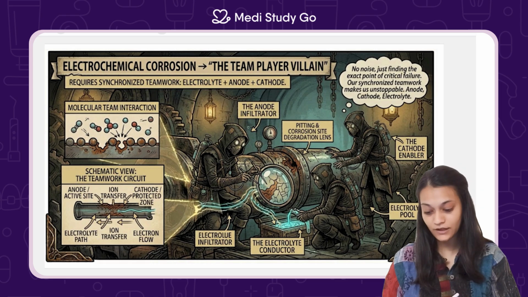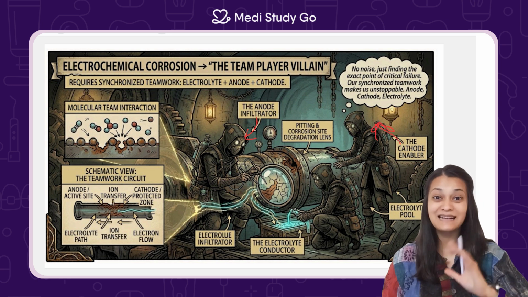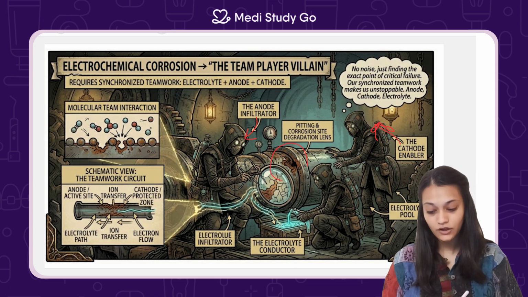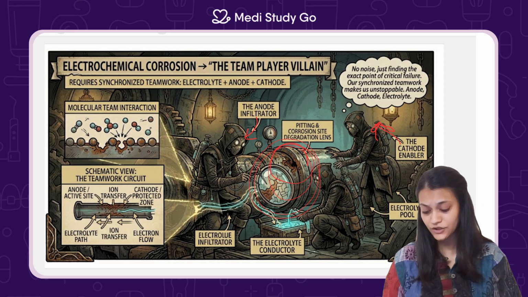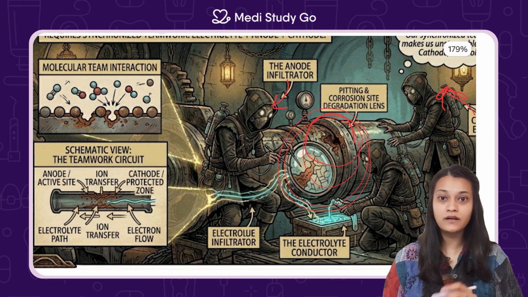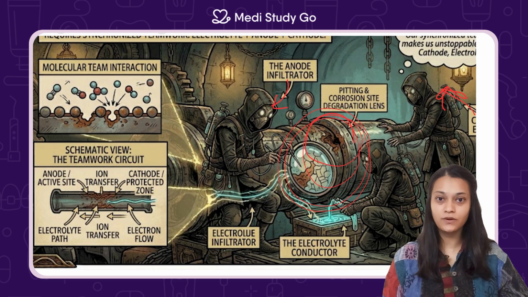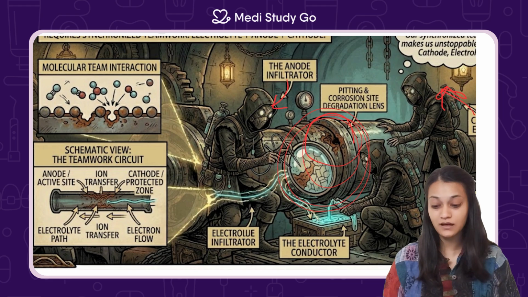One is going to act like the anode. One is going to be the protector. If somebody attacks, he's going to be defensive. He's the cathode. And your electrolytes are going to lead to pitting and corrosion. So what's going to happen here is the anode is going to work onto it, the cathode is going to promote, and the electrolyte is going to guide them how to cause the corrosion.